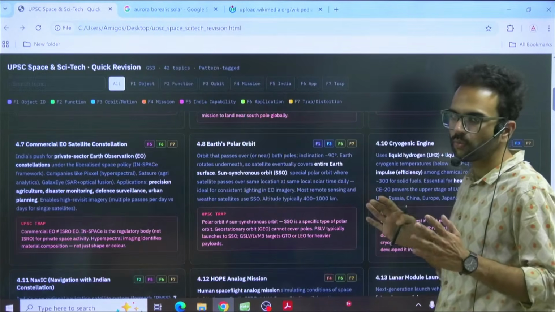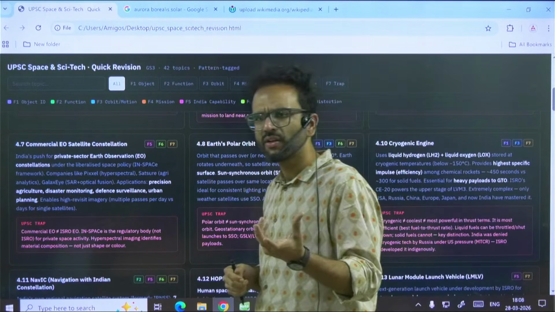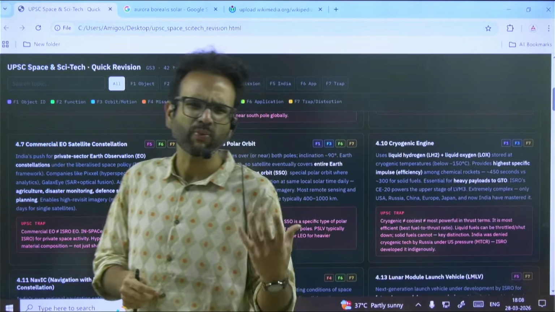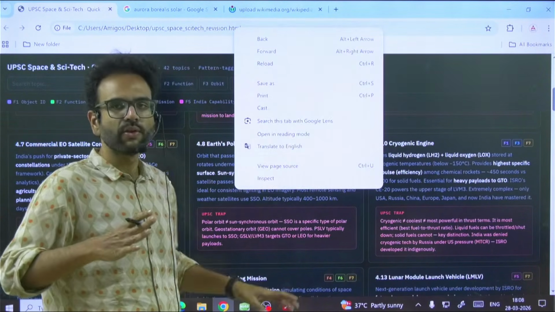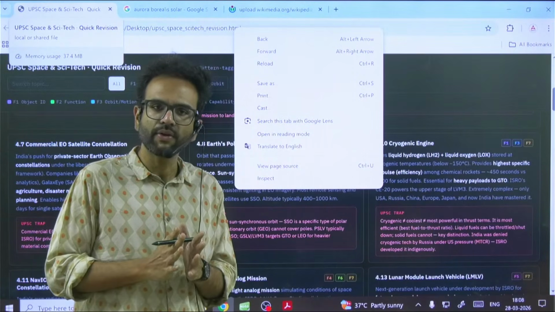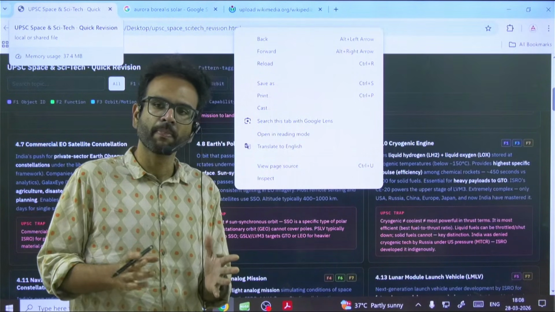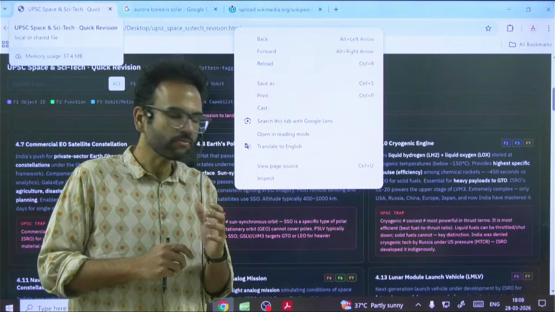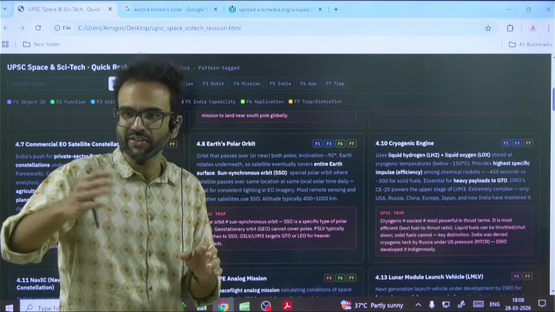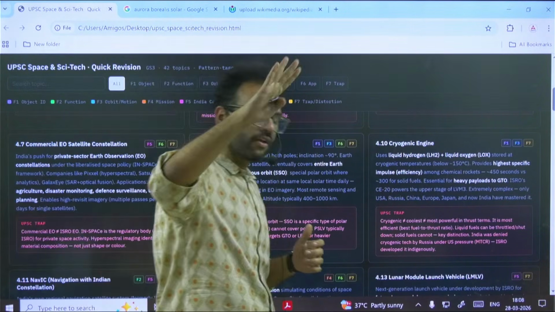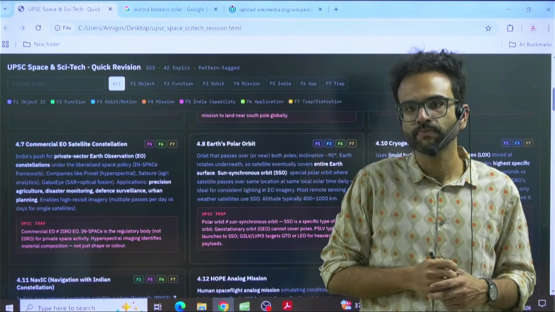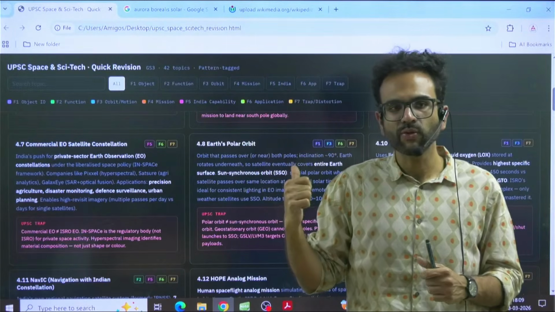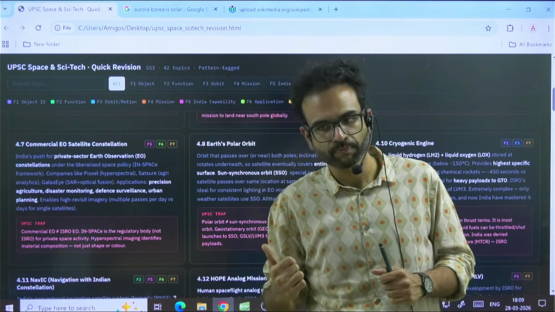Cryogenic engine, as the word itself indicates, cryo means something that is cooled down, minus 150 degrees almost. It will be very useful for taking heavy payloads. Sorry, not the initial thrust. After the initial thrust in the outer space, if you want to move farther into the orbit, that is when this cryogenic engine will come into the picture.